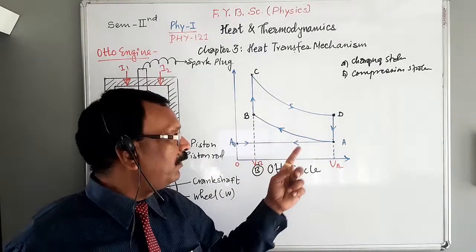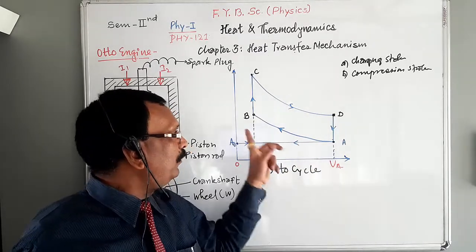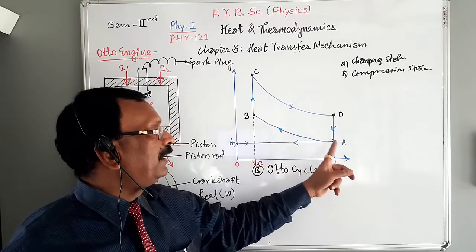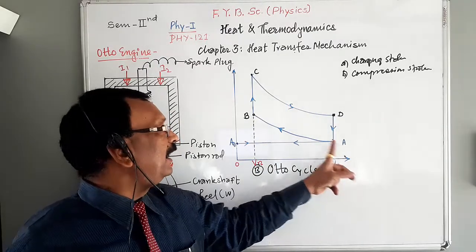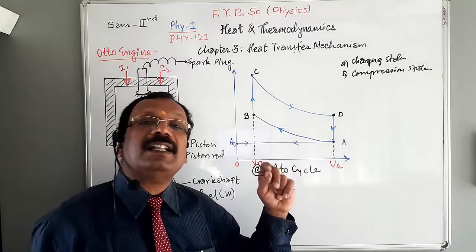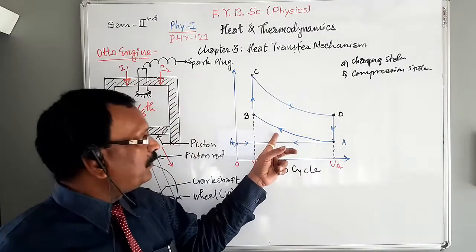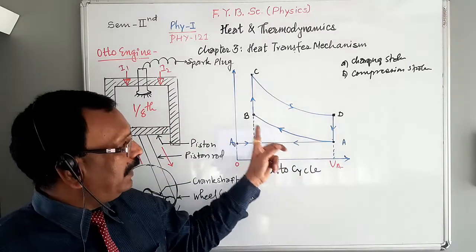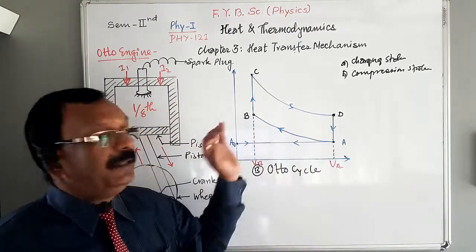During this compression, the volume is decreased from Va to Vb. Consequently, the temperature increases from Ta to Tb, and the pressure also increases from Pa to Pb. The change of state, that is the second operation, is represented by the curve AB.